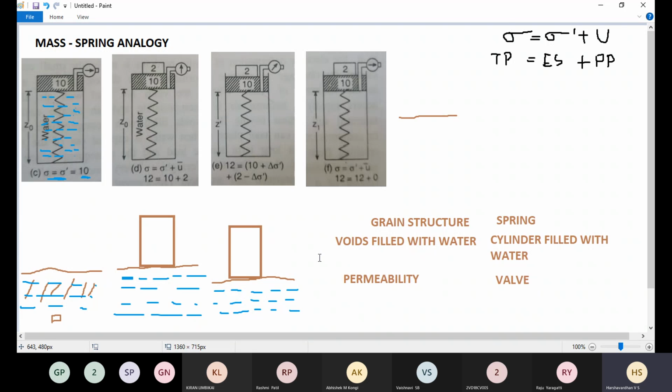And later, as the water is slowly expelling out of the voids, this extra pressure is slowly transferred to the soil particles or the soil solid grains. As this happens, there is consolidation or settlement of the soils. Okay, so this is the mass spring analogy.